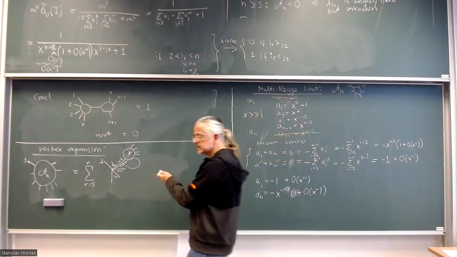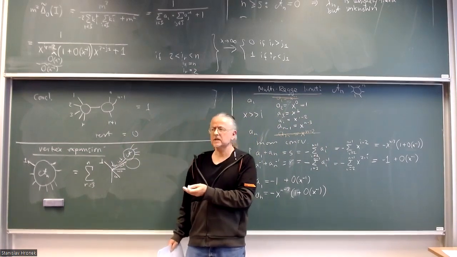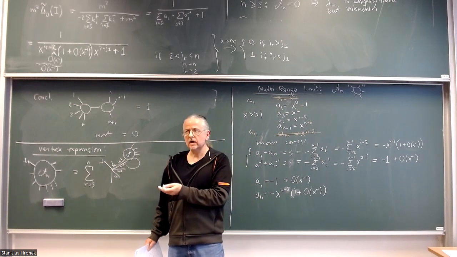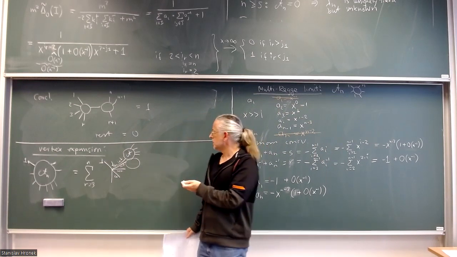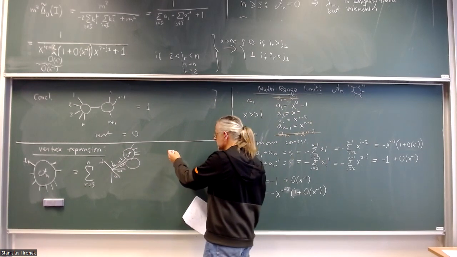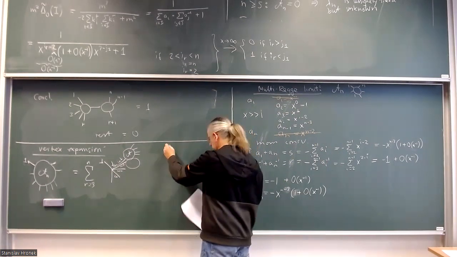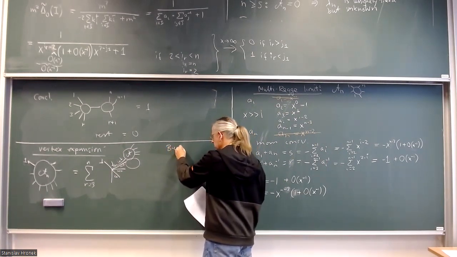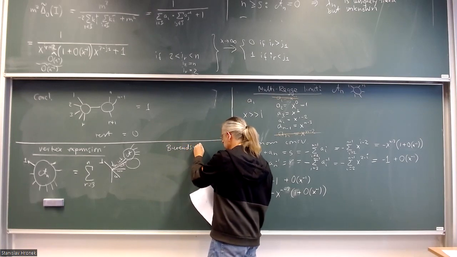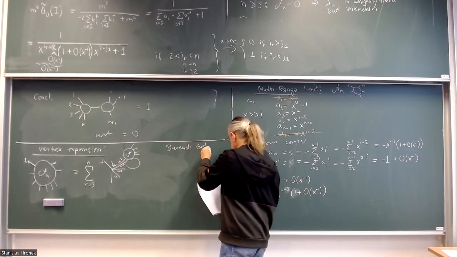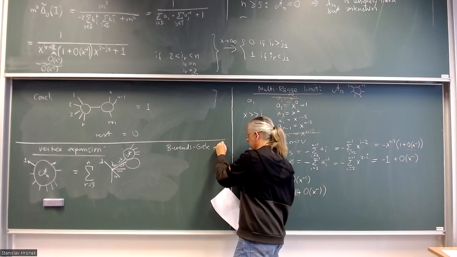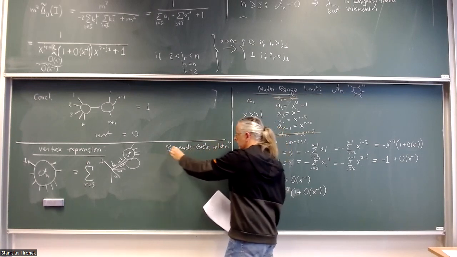And so this vertex expansion, I've actually never seen it in a textbook. I've only seen it in highly technical applications. For instance, I think in Yang-Mills, I've seen something called the Berends-Giele relation.